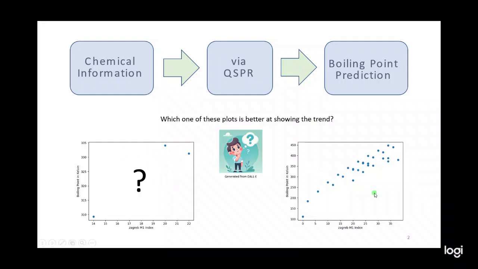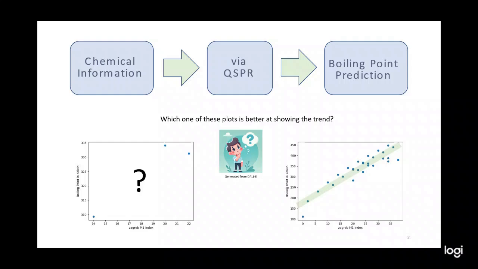In contrast, the plot on the right exhibits some variability, but clearly highlights the linear trend. Therefore, the plot on the right appears to be more effective in showing the trend and might even be suitable for predictive purposes. So, what accounts for the difference?